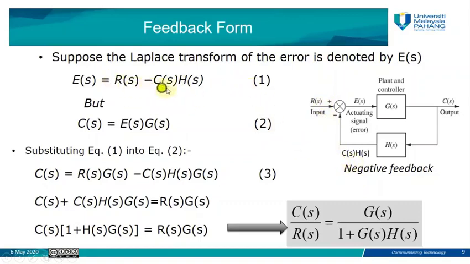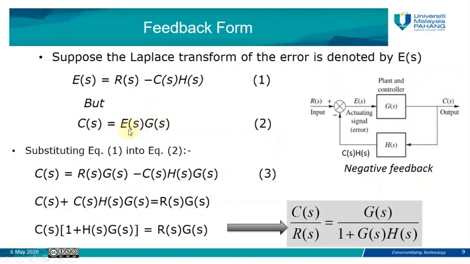But if I ask you now, what is the value of CS actually? CS comes from ES times GS, because if ES goes through this transfer function, it will give you the value of CS. So CS is equal to ES times GS.